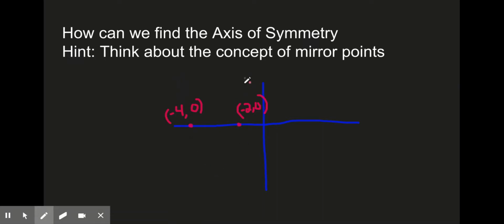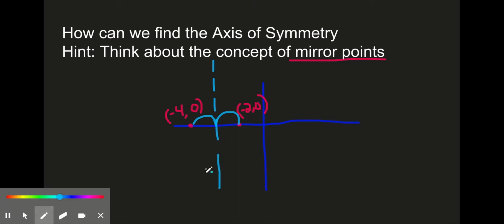Maybe it's going concave up like this, maybe it's going concave down like this, but I know it passes through here. And because these are mirrored points, the space between these 2 units needs to be split down the middle by the axis of symmetry. If it's not being split down the middle like this, then I can't say that it's an actual parabola. Because it is a parabola, I know that has to be true.